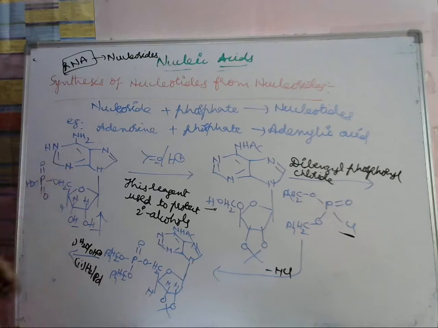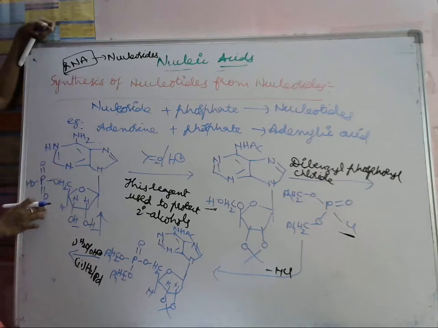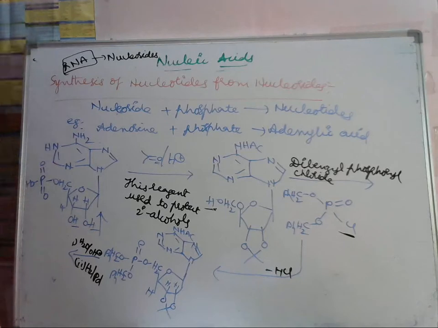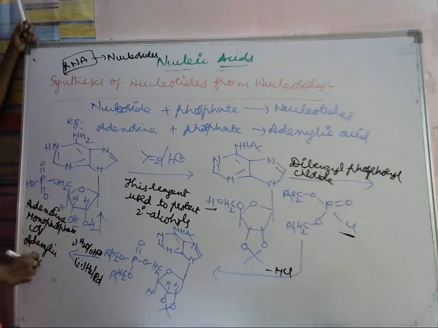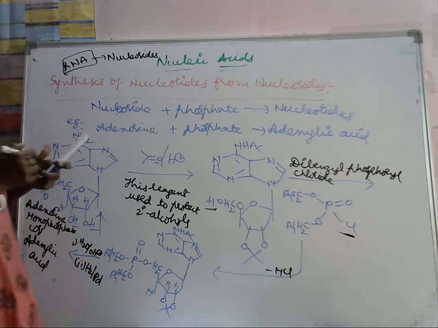So this is adenosine monophosphate, because one phosphate group is introduced, that's why it is called adenosine monophosphate, which is also called adenylic acid. Adenylic acid. I hope you understand.